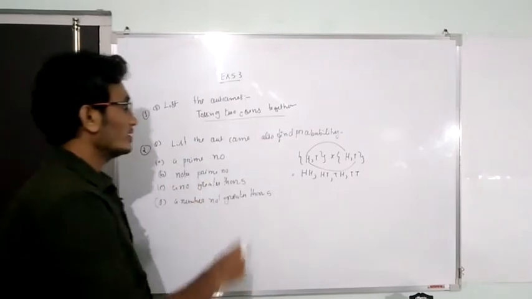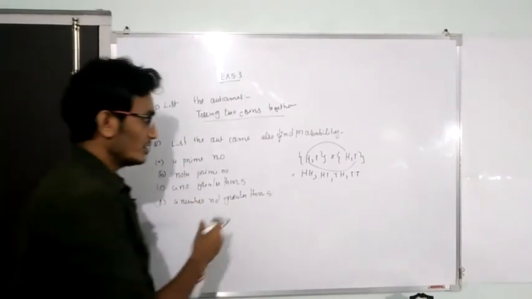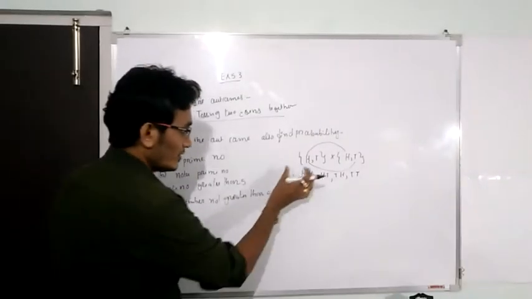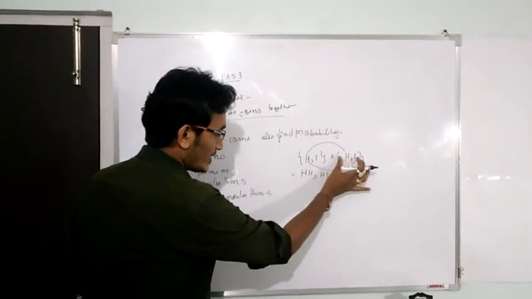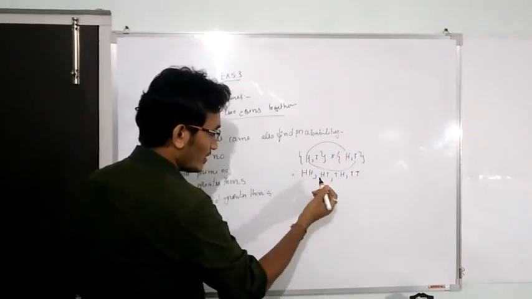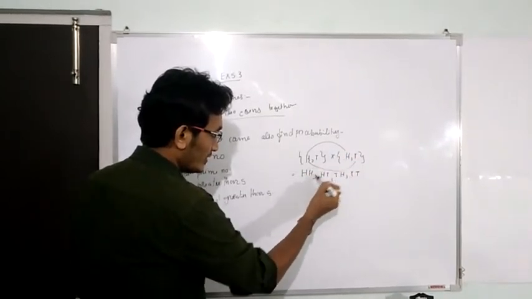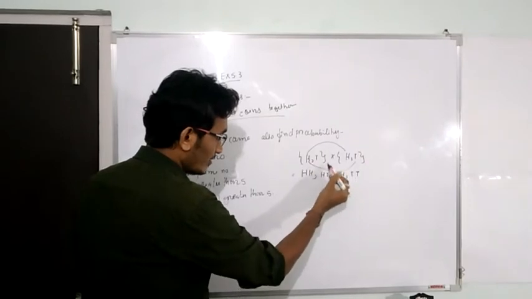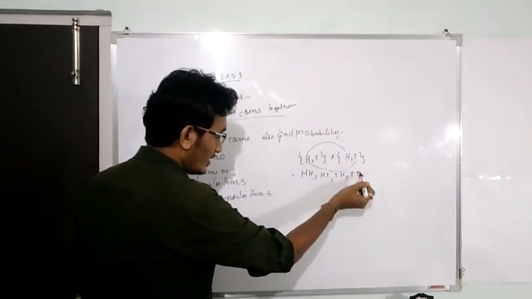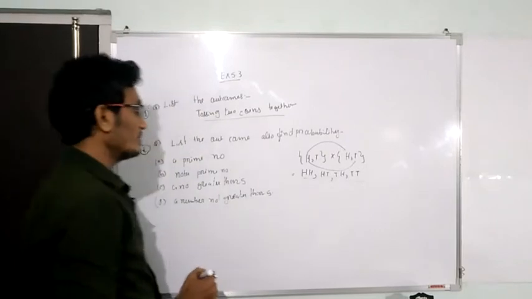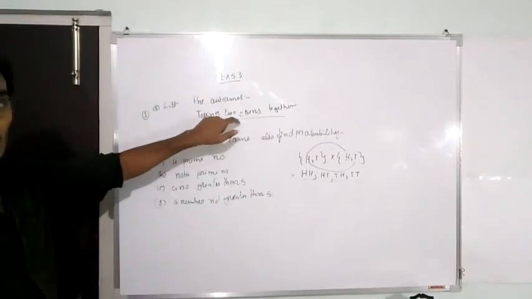Since we need to toss two coins together, we take both sets of outcomes, or you can say both groups together. From the first group, head and tail, from the second group also head and tail. So we combine them: head head, head tail, tail head, tail tail. These are the possible outcomes we will get in tossing two coins.